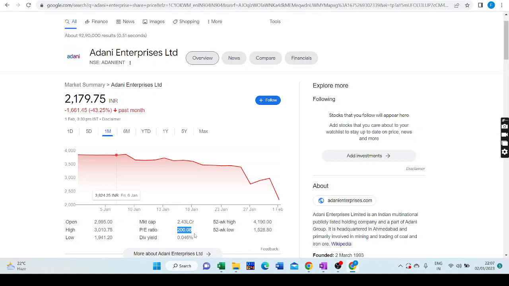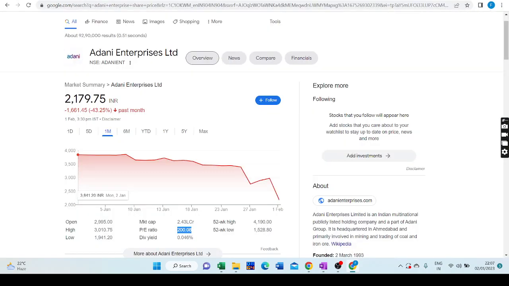A growth stock can become an overvalued stock very, very fast. Please keep this in mind. That is why it has been seen historically that stocks that trade at a lower PE tend to do better than stocks that trade at a higher PE.